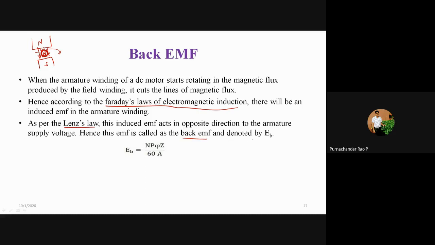This is denoted by EB, and the equation for EB is the same, because the nature of the voltage developed is the same as in the DC generator. It is phi Z N into P by 60A, which was developed for the DC generator, and it will be developed in DC motors also. Am I clear here?